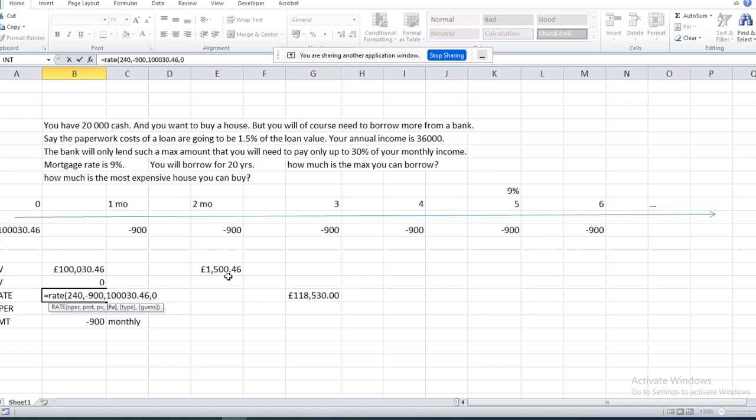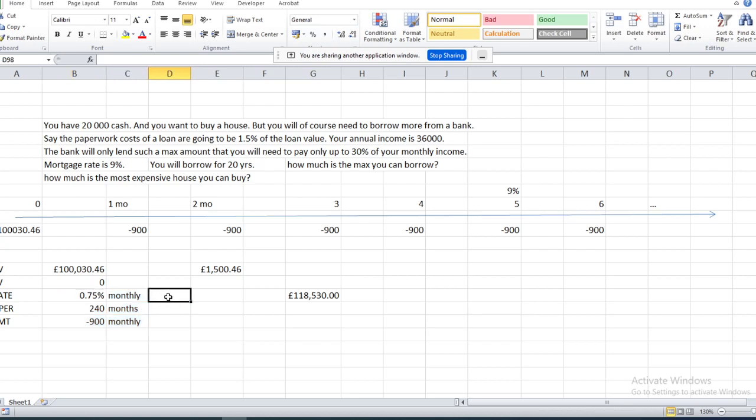FV is 0 and type is 0 as well. Ignore the guess. Okay, and as you see, let's show the details. The rate is 0.75%, but remember this is monthly because everything is matched.